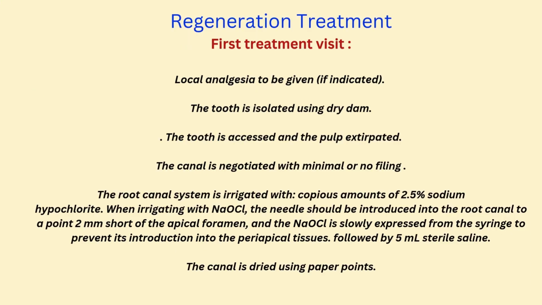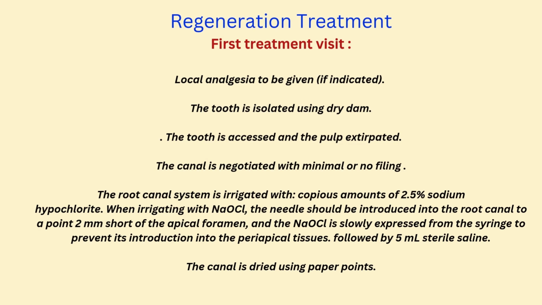And now coming to the actual procedure of regeneration treatment. The procedure is similar to the conventional root canal treatment, but the more emphasis is on irrigation and disinfection of the root canal, as we are proceeding with the minimal or no filing technique.